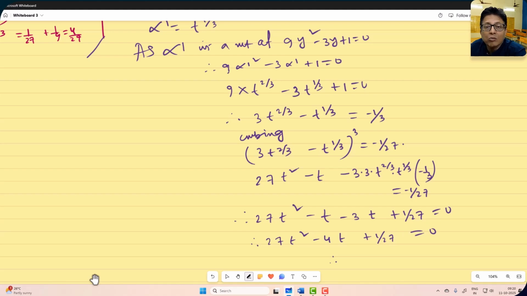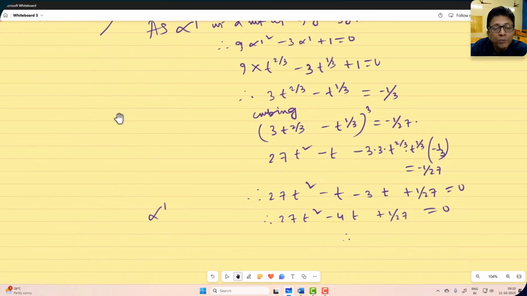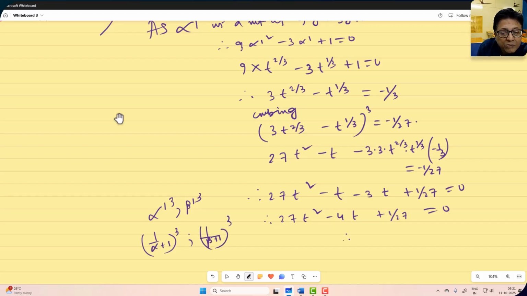So sum of the roots. This equation has roots of the form alpha dash cube and beta dash cube, which means (1 by alpha plus 1) whole cube and (1 by beta plus 1) whole cube.